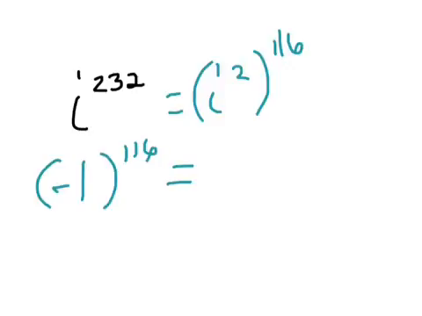This is going to be positive 1, because if we have an even number of negatives, 116 is an even number, the negatives are going to cancel out and the answer will be positive. So i to the 232nd power is just 1.